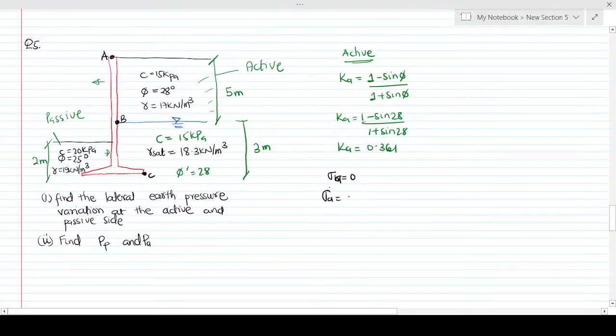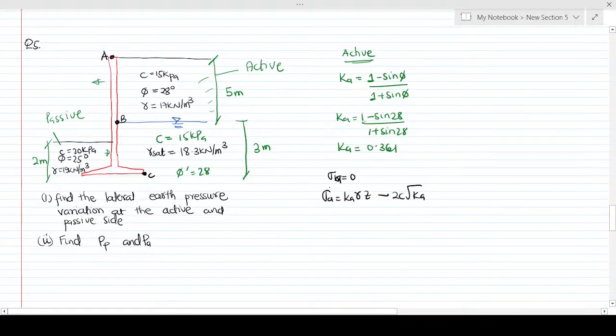So we have KA gamma Z minus 2C square root of KA, right?